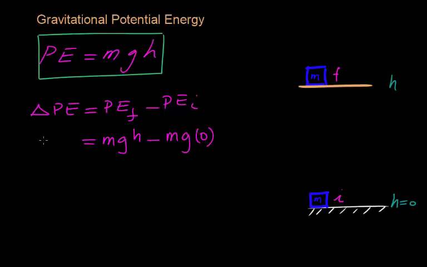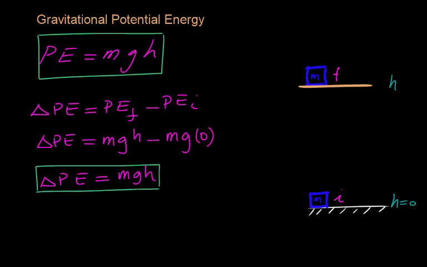Therefore, the delta PE is going to equal mgh minus 0. The answer is mgh. Alright, this is case 1, where the height 0, or the reference point of measurement, is the ground.